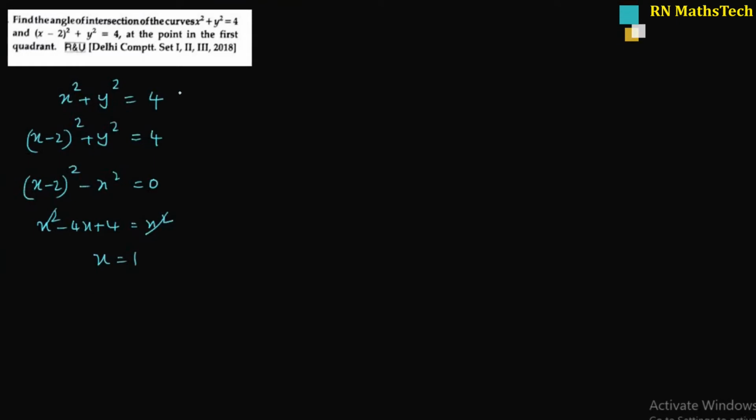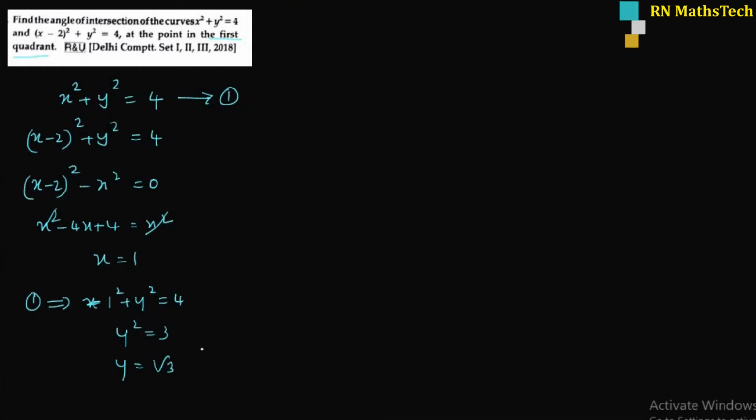Put x is equal to 1 in equation number 1. Therefore 1 square plus y square equal to 4, y square equal to 3, y is equal to plus or minus root 3, but which is in the first quadrant. Okay, so y is equal to root 3.